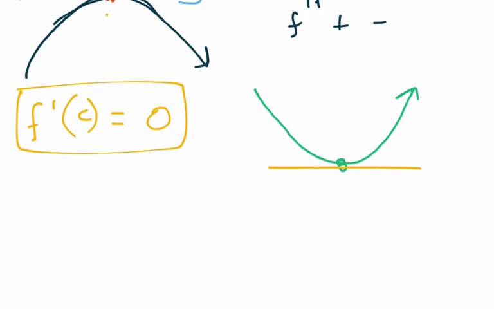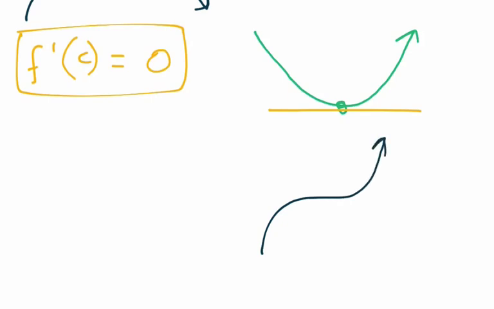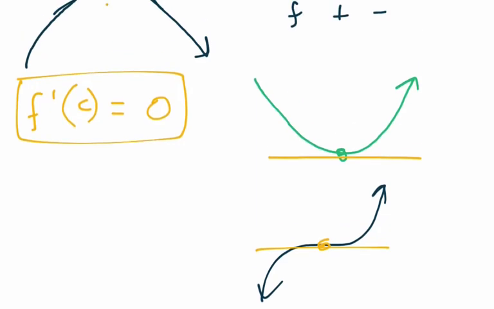Sometimes we won't actually find a relative min or a max because, for example, if you had x cubed, notice that here there is a horizontal tangent line, but this is neither a relative min nor a max, so we're going to figure out how that works later, but just know that just because the derivative is 0 doesn't mean that there is a relative min or max.